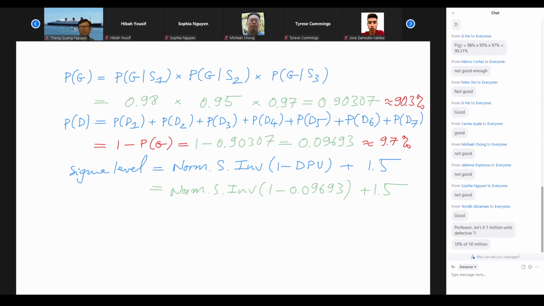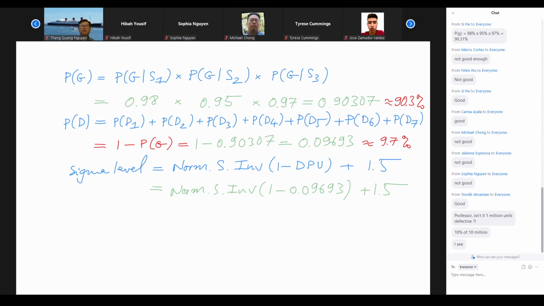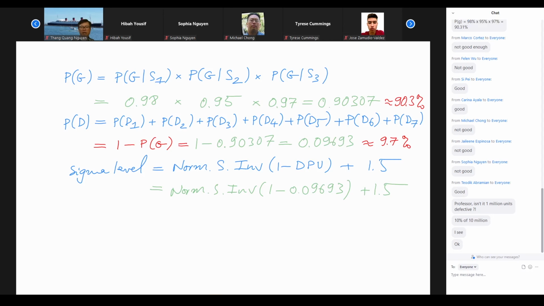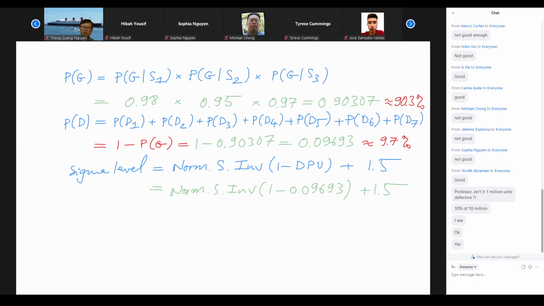Okay, so 10% of 1 million will be 100,000, right? Defects. Or in this case, to be a little bit more specific, 9.7% out of 1 million means 97,000 defects. Think about it, right? It's a huge number of defects.